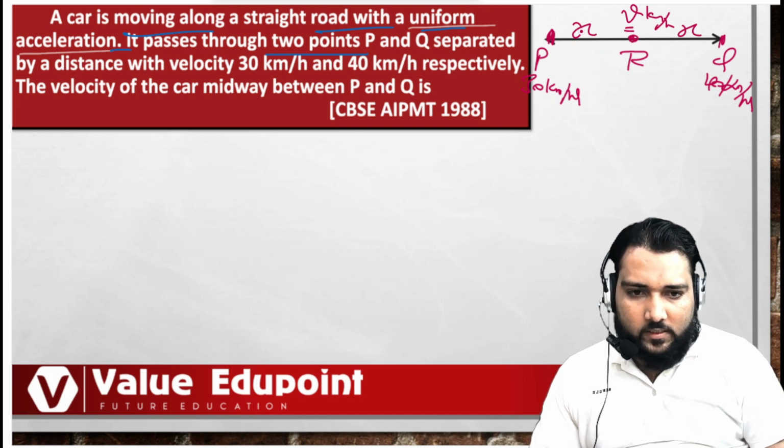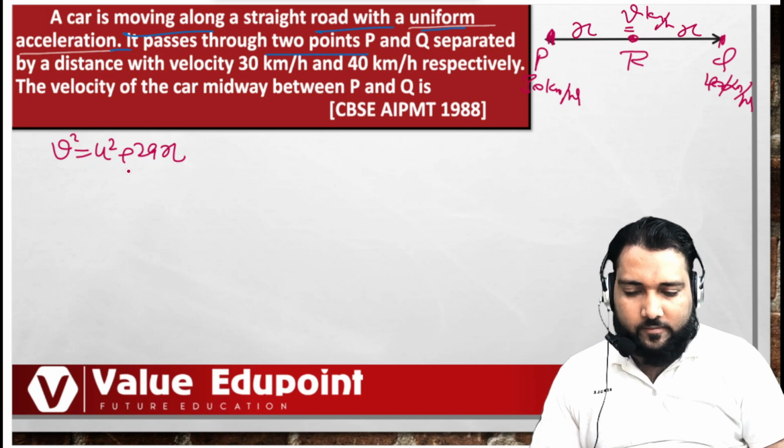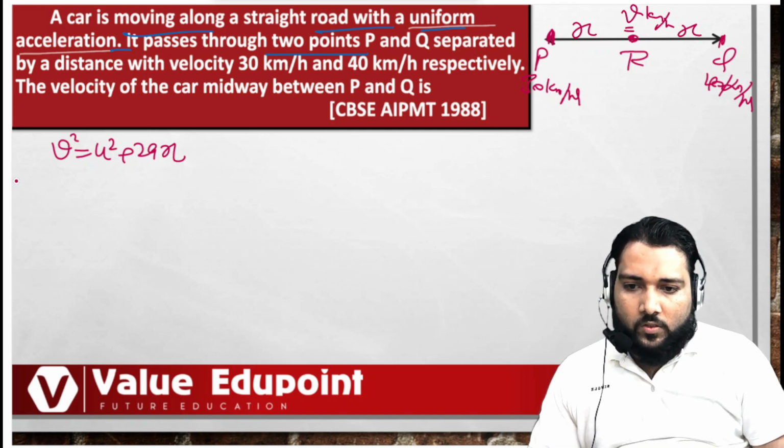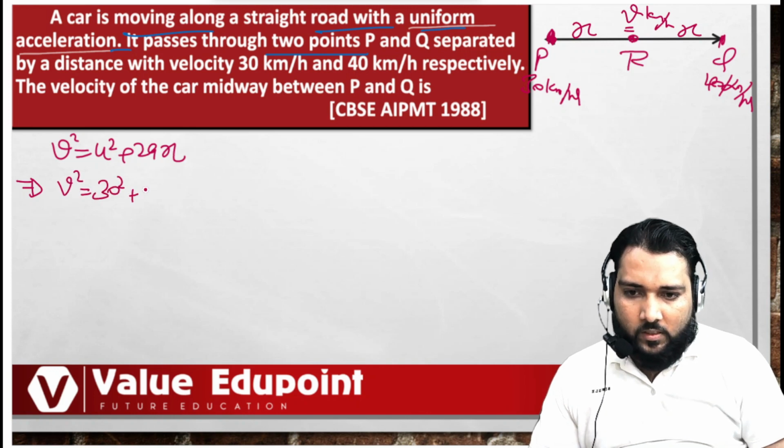So now, guys, this is the x. We will use the third equation, that is v square equals u square plus 2as. The distance s is x. The initial velocity at point P is 30, so 30 square and 2ax.